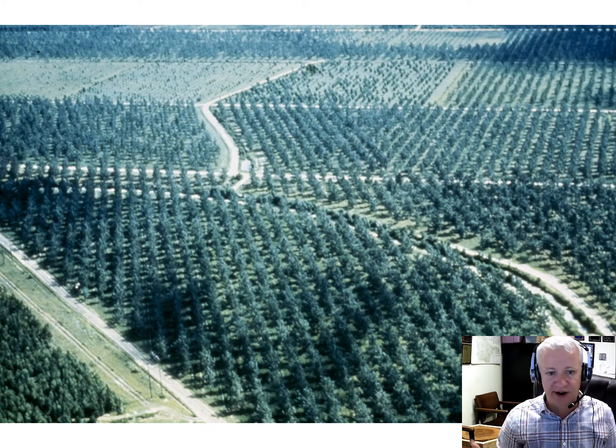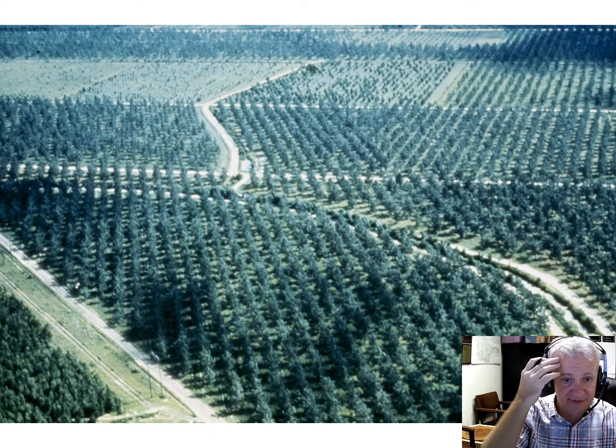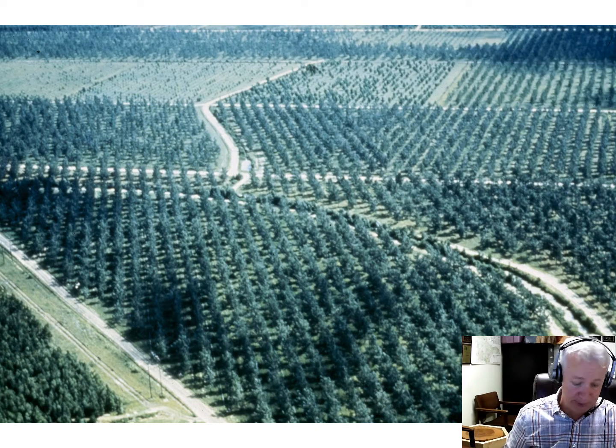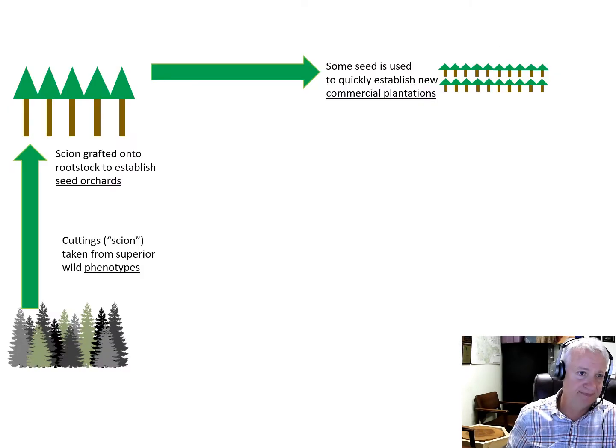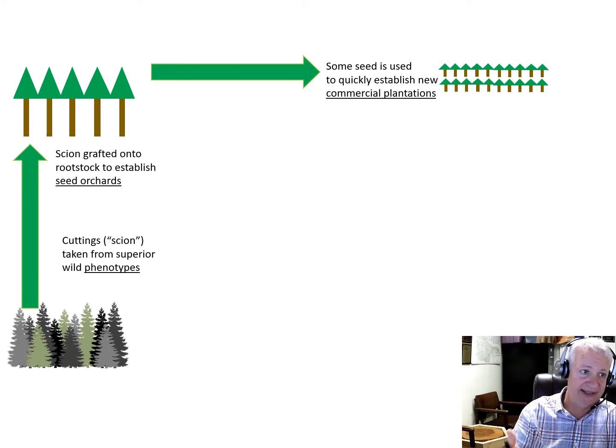The trees are far apart, they're mowed and fertilized, so the crowns get really big and they produce lots of seed, because that's the purpose of a seed orchard. So once you have that seed orchard, you can use seed from that seed orchard to quickly establish new commercial plantations from cones or seed collected from that seed orchard.